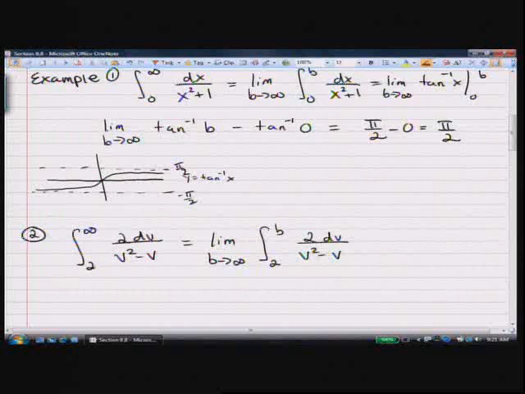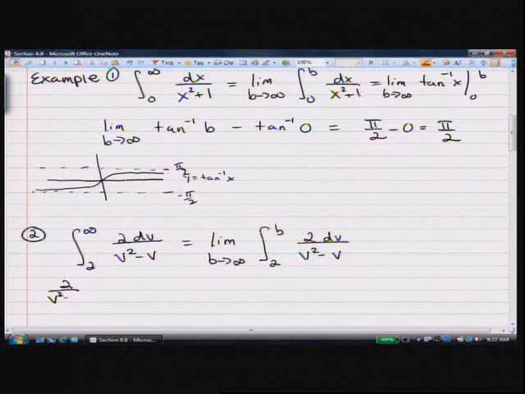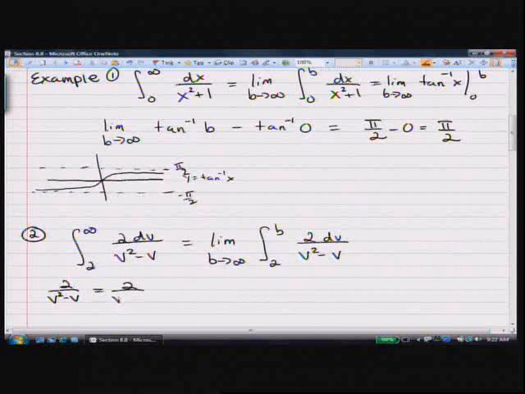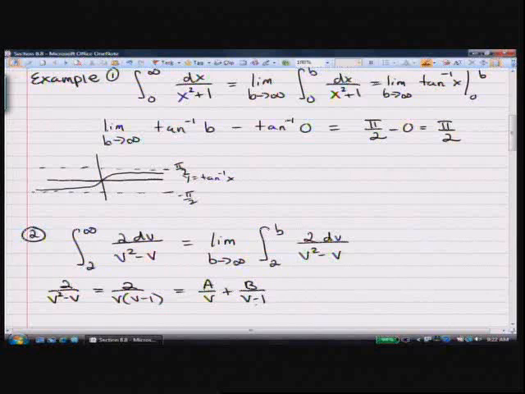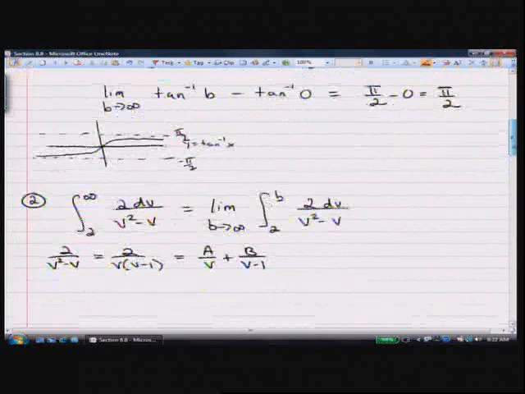Well, this denominator, v squared minus v, when you see that, you probably should think about partial fraction decomposition, because you can factor a v out, and you can think of that as v times v minus 1. Does that make sense? And so then you can think of that as a over v plus b over v minus 1. And then we'll go through and just remind you how to do this.